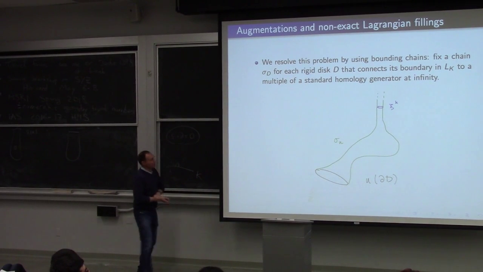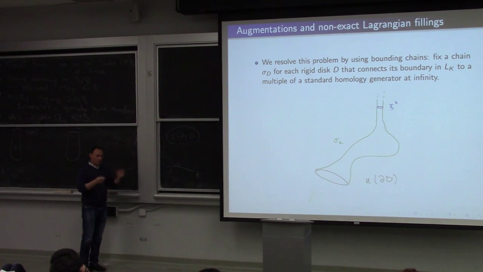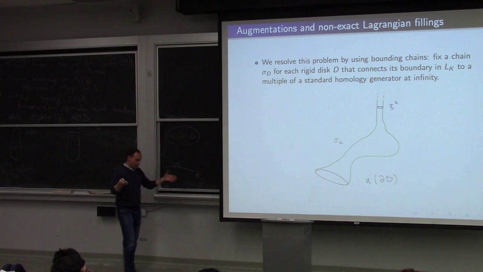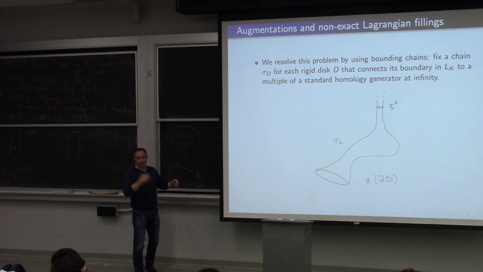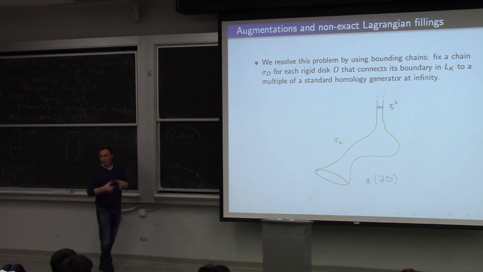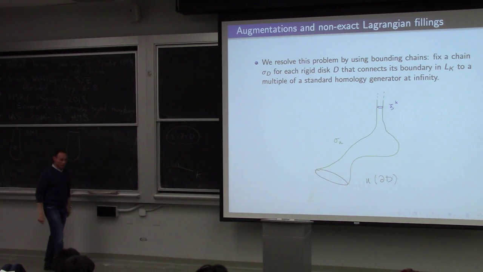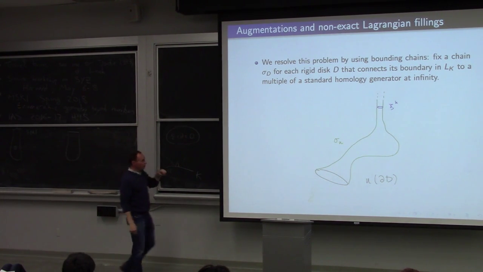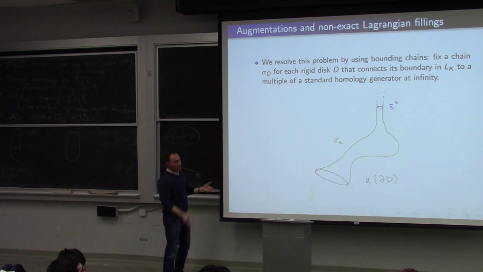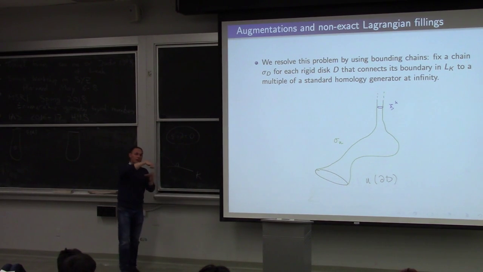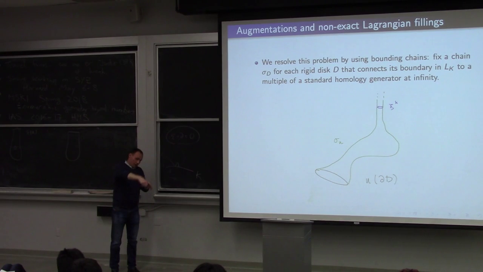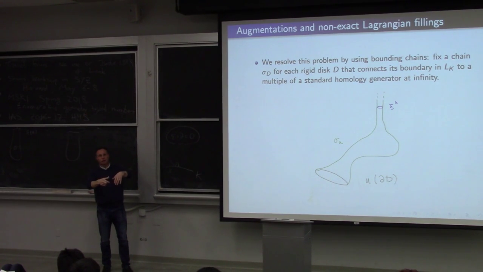So imagine that we have a nice perturbation scheme, so that actually we can look at the holomorphic disks on LK as just being actual disks sitting there. And then normally in such situations you would like the evaluation map from the moduli space into the Lagrangian to actually bound, right?